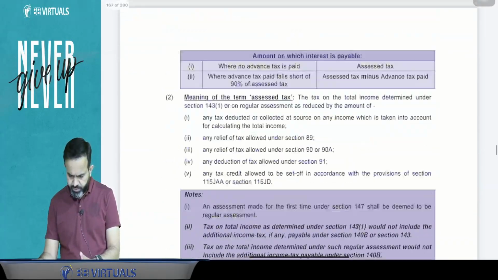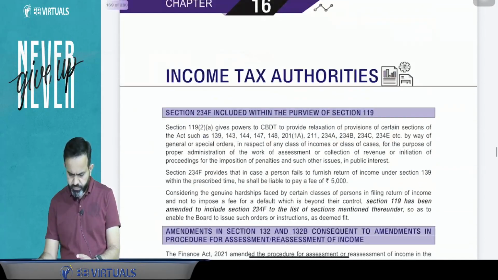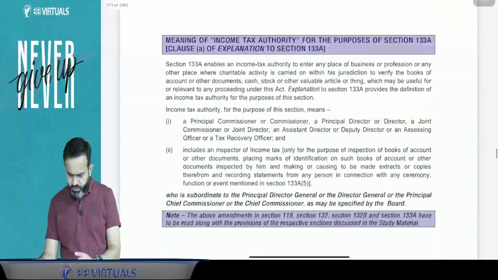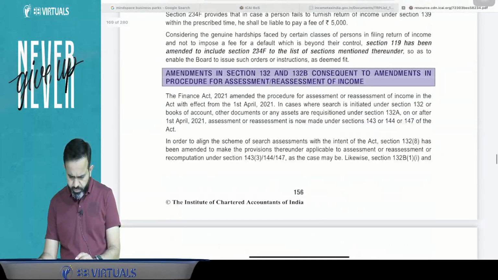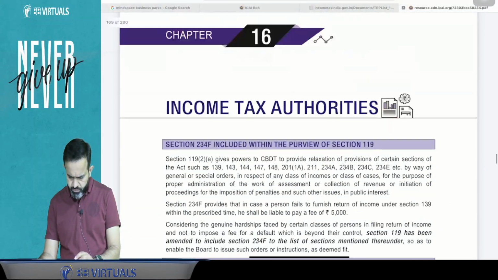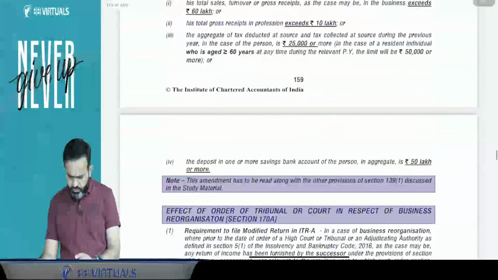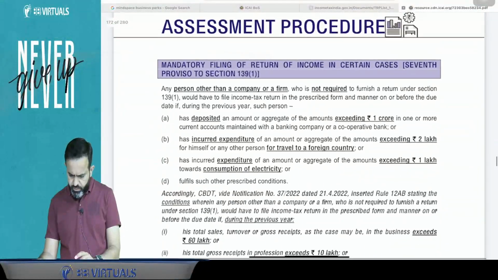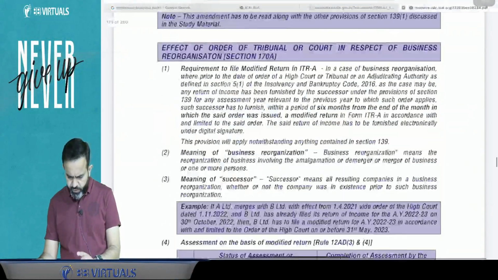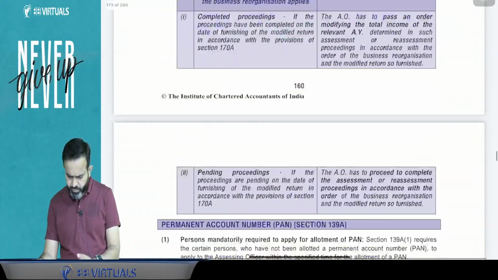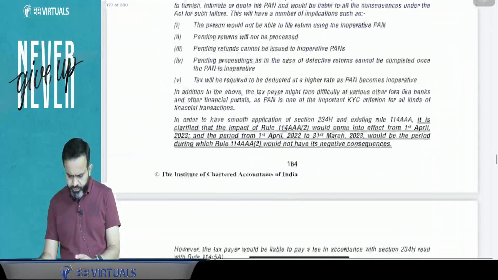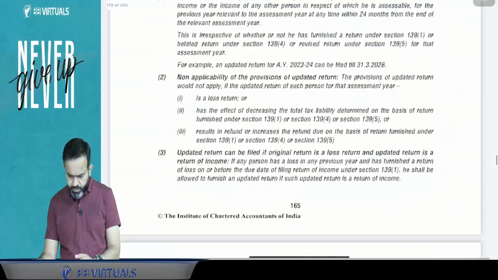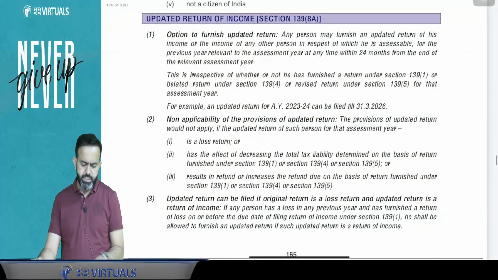Wait a minute. 234B, income tax authority. 139. Yeah, this was 139(1), we already completed. 139A is related to PAN number. After that, yeah, this is the updated return.